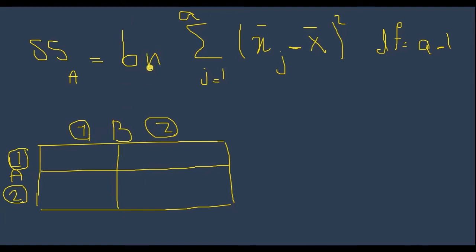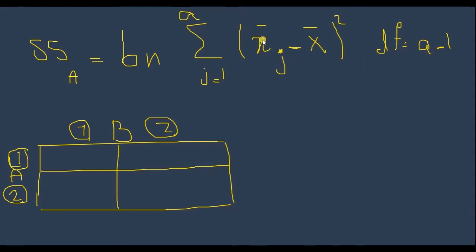N is the number of data that you have for factor A. That's N. And then sigma j from 1 to A, which is the number of levels of factor A, which is 2.